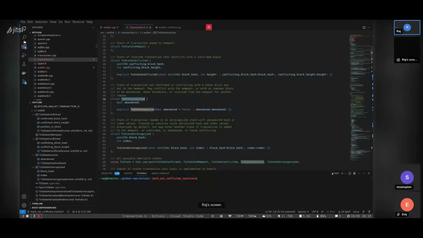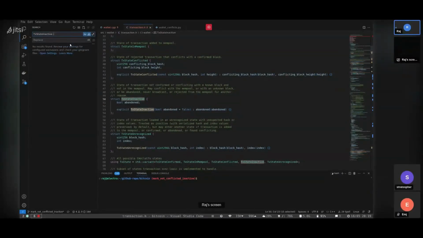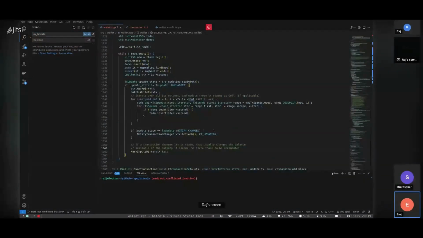Maybe we can try to find that logic here. Transaction state inactive. That means a new transaction which we just created is inactive. How can there be an inactive transaction? Inactive transactions are transactions which are inside the wallet database but not inside the mempool, for whatever reason.